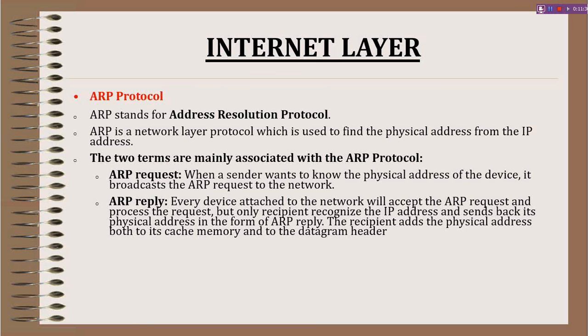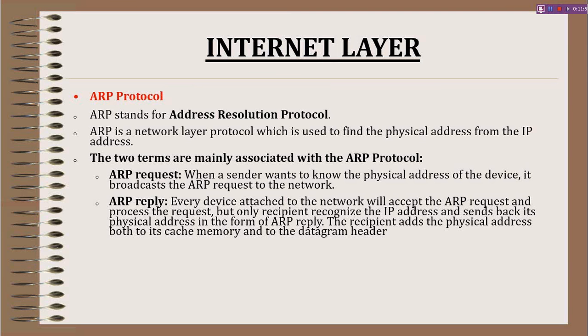All the devices get the request, and every device attached to the network will accept the ARP request and process the request. But only the recipient recognizes the IP address and sends back the physical address in the form of an ARP reply to the sender.